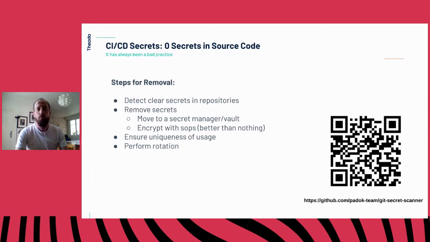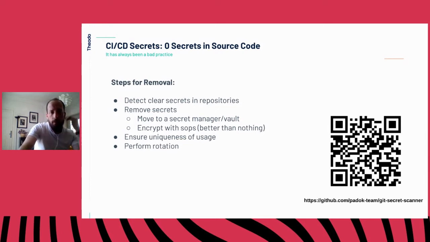And if you cannot avoid storing it in the code base for whatever reason, maybe you are deploying to a system that is disconnected from your infrastructure, that doesn't have access to your vault or your secret manager, in that case, you can use SOPS. It's a Mozilla product, open source also, that allows you to store encrypted files and to decrypt them at runtime. I will show you this just after.